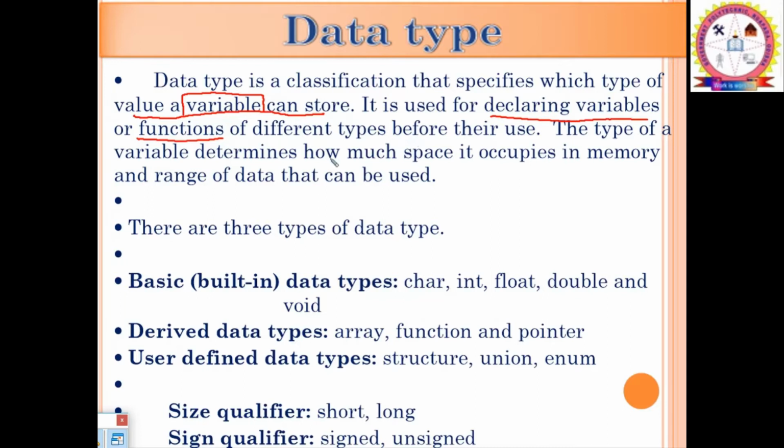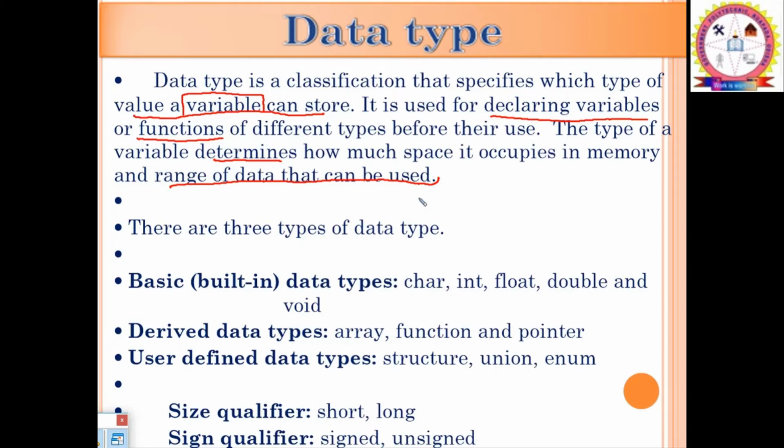The type of a variable determines how much memory space it occupies in the memory, and also it determines the range of data that can be used. So the basic function of the data type is to declare variables.